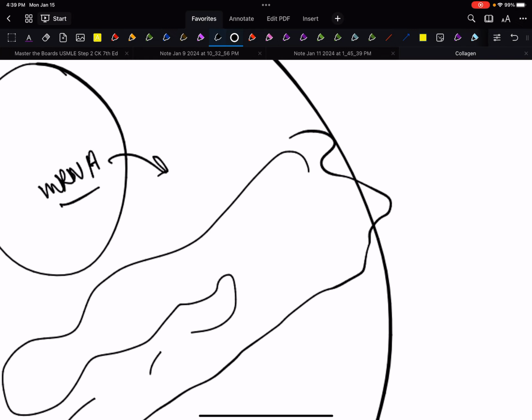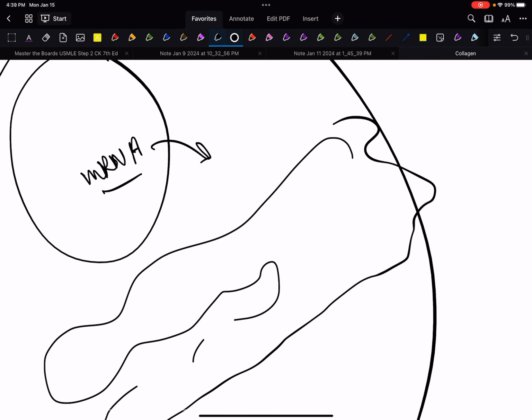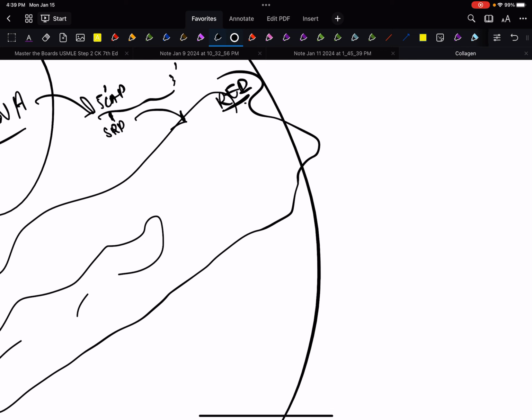Let's say this is the mature mRNA with the 5' cap and the poly A tail. And over here, there's a signal recognition peptide, which will get recognized and get pulled into the RER.